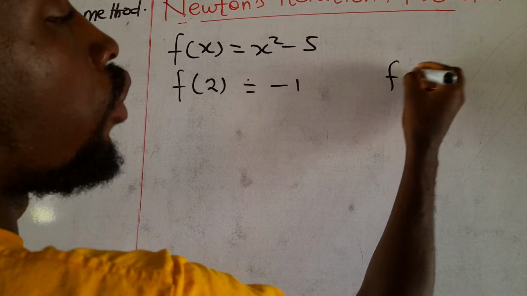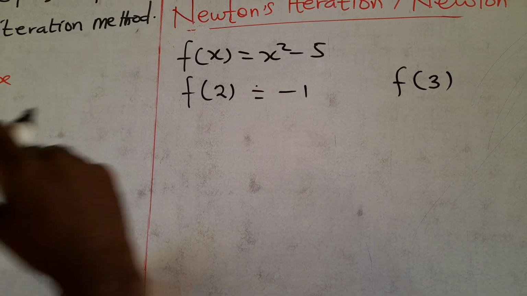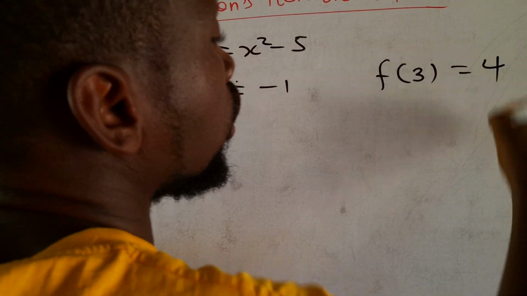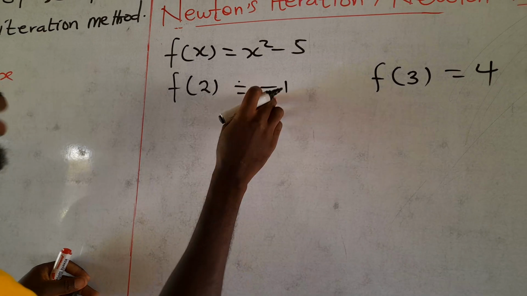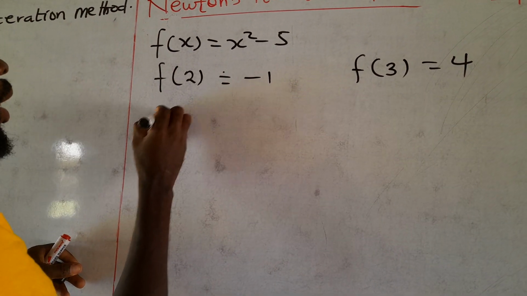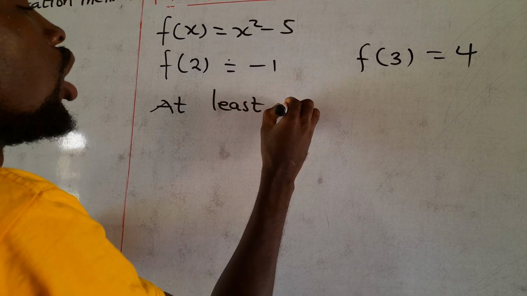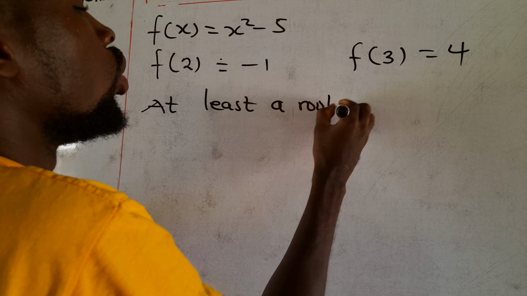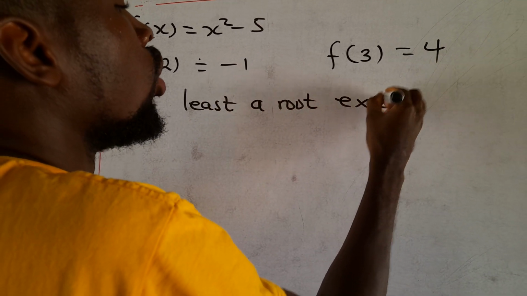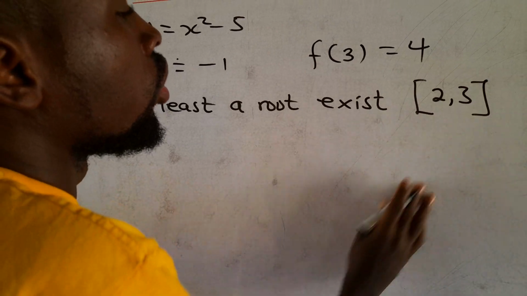Then when we find f of 3, 3 squared is 9, 9 minus 5 will give us 4. So since this produces a negative and this produces a positive, it means at least a root exists within the interval 2, 3 closed.